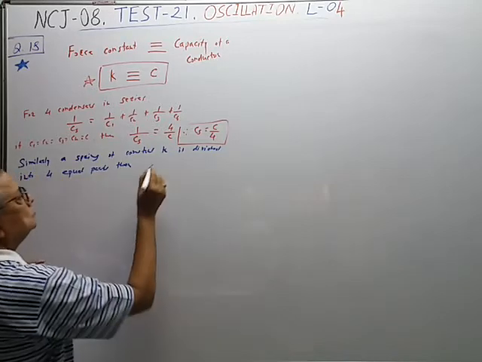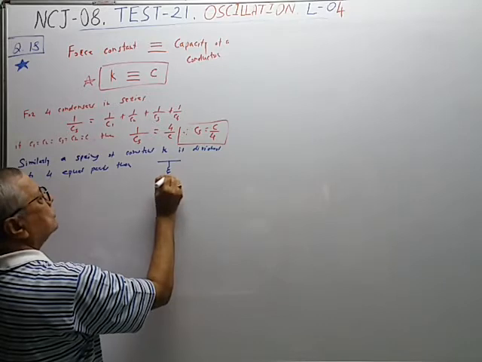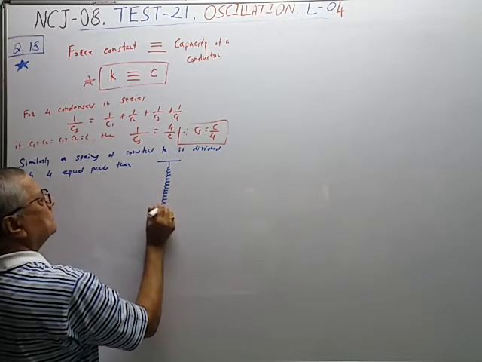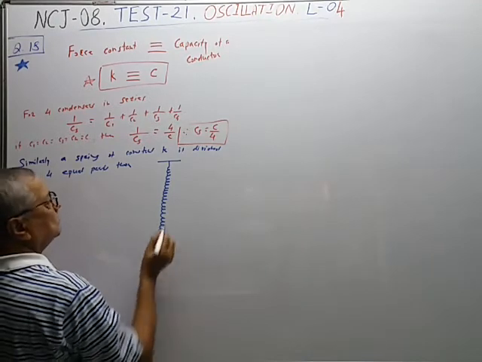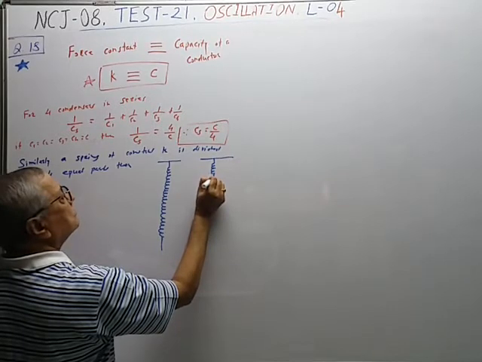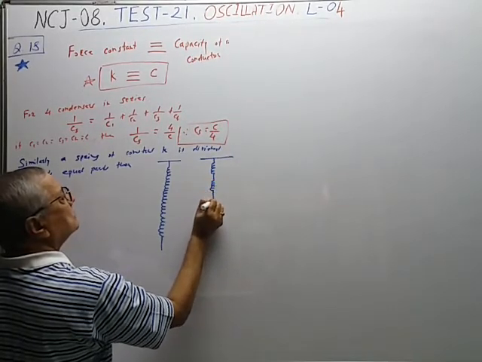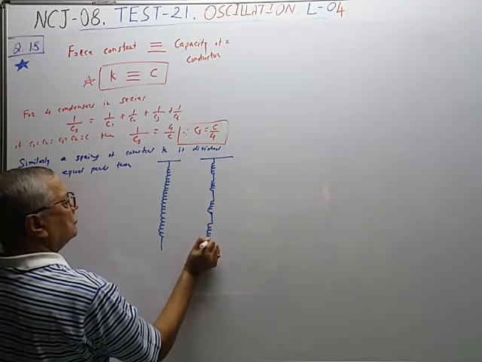This is the original spring, and now it is divided into the 4 parts. This is the first spring, this is the second spring, this is the third spring, and this is the fourth spring.